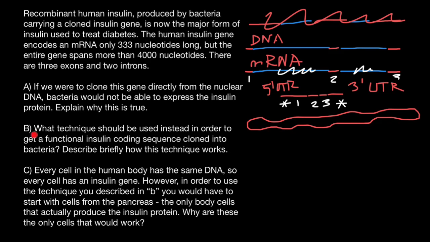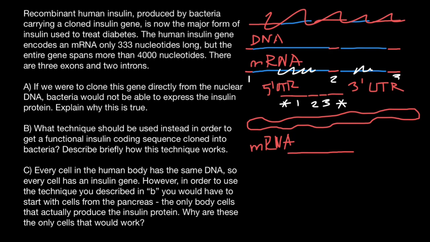And the second question: what technique should be used instead in order to get a functional insulin coding sequence cloned into the bacteria? Describe briefly how this technique works. Now here is a genius invention of the scientists. They took mature messenger RNA, mRNA without introns, so it's already processed messenger RNA.